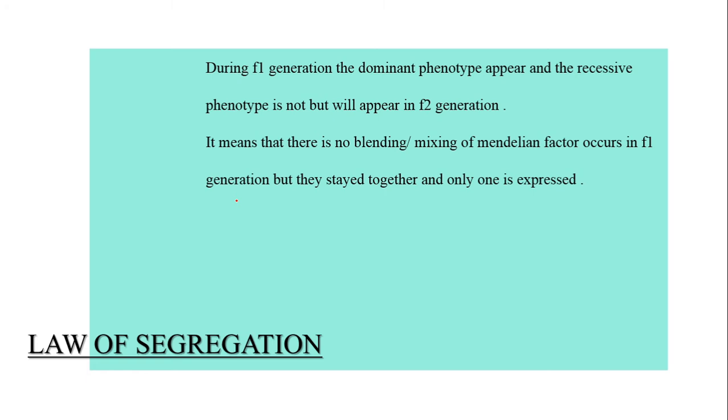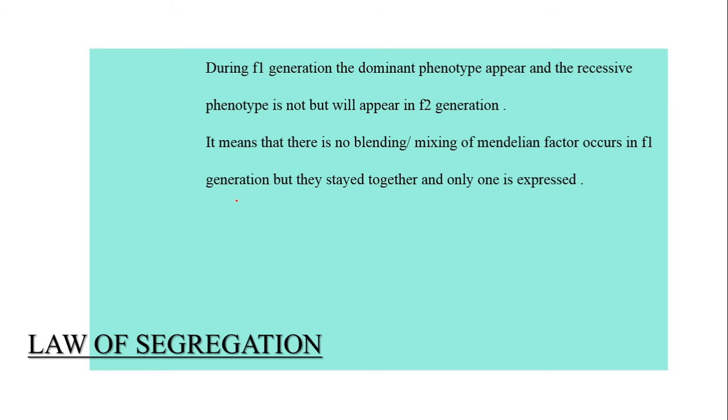This law is also called as purity of gametes. So, why is it called purity of gametes? Let's see this law in detail so that we also come to know why it is also known as purity of gametes. During F1 generation, the dominant phenotype appears and the recessive phenotype is not, but will reappear in F2 generation.